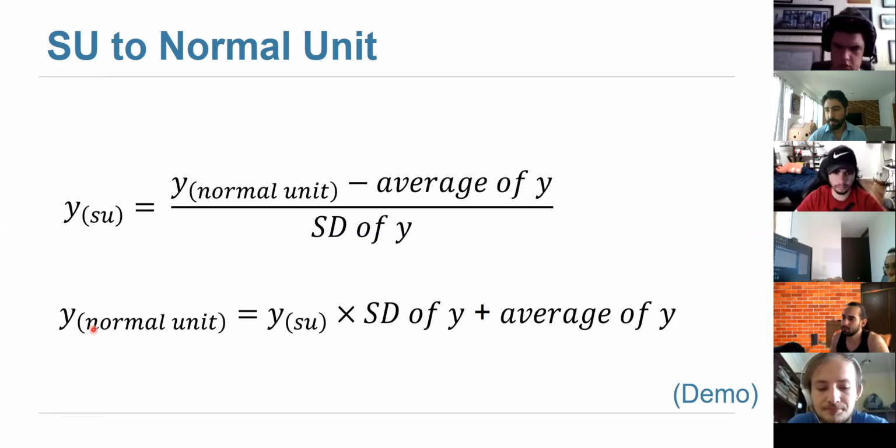You get your Y in normal units equal to your Y in standard units multiplied by the standard deviation, plus the average.